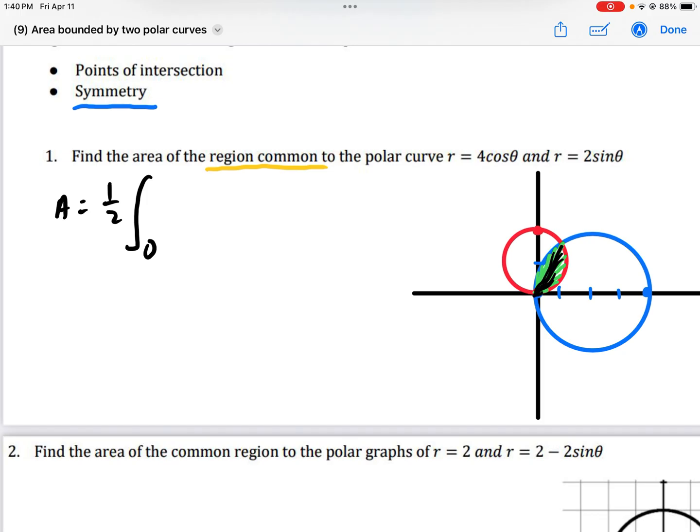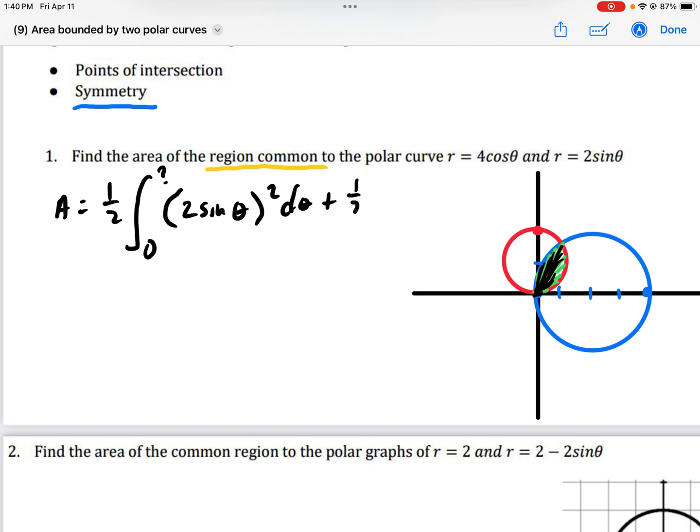I've got to find out what that is, and then I'll use the blue function to find the radius for those regions. All right, so I need to find that limit of integration, and I'll find that in a second, but I'm getting that from the red one, and the red one was the integral of 2 sine theta squared d theta.